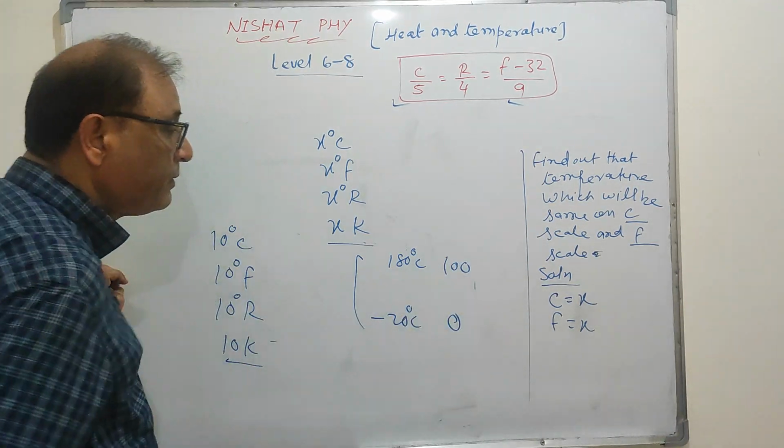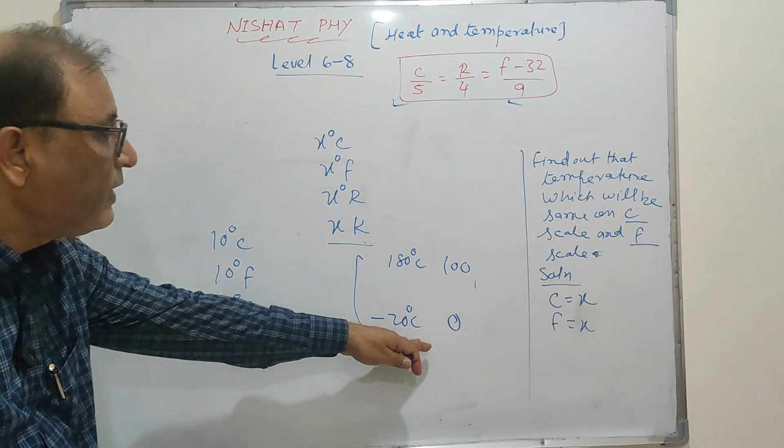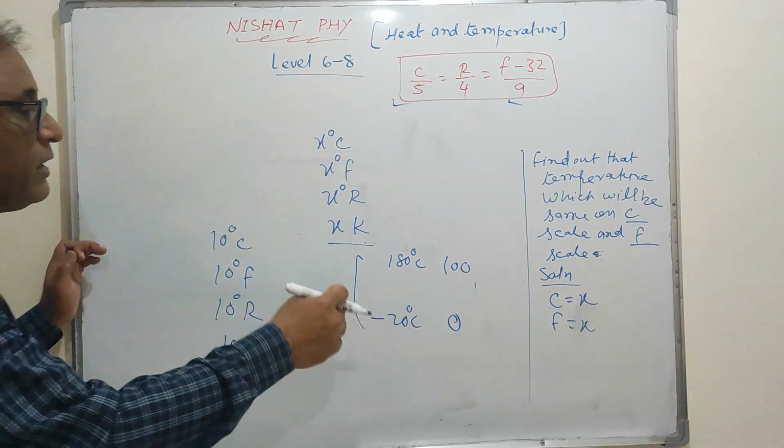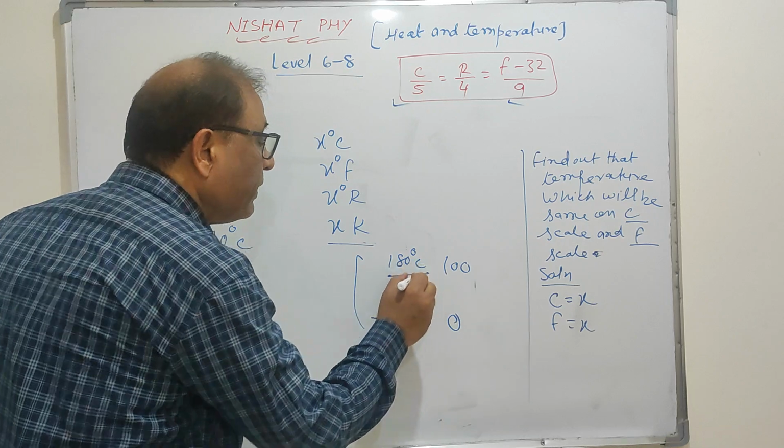They can write 0, their 0 is minus 20. And no need to consider this 100, the maximum is 180.